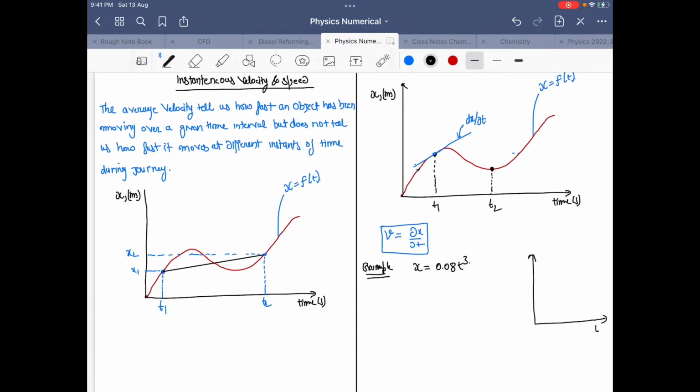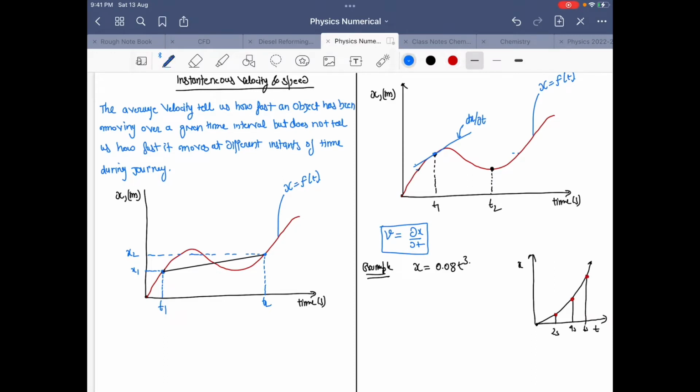This is my time axis, this is my x-axis. And you wanted to find the velocity at, suppose, t equal to 2 seconds, t equal to 4 seconds, t equal to 6 seconds. These are the points or instants where you wanted to find your instantaneous velocity.